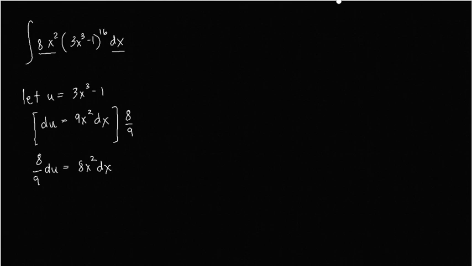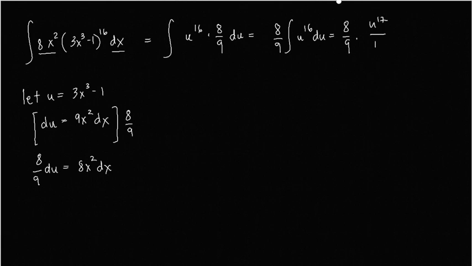So if we substitute these values, we have what? 3x cubed minus 1 is u raised to 16 times 8x squared dx, which is 8 over 9 du. So factoring out 8 over 9, we have integral of u raised to 16 du. And this will be equal to what? 8 over 9 times u raised to 17 over 17 plus c.